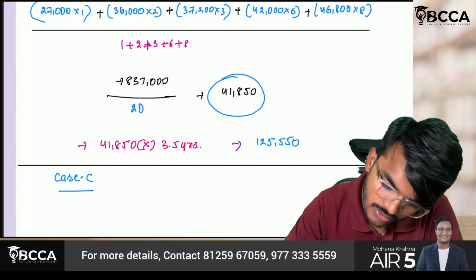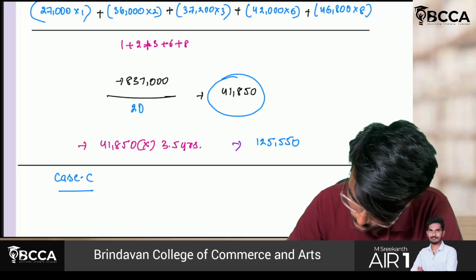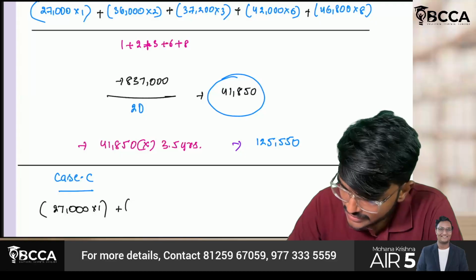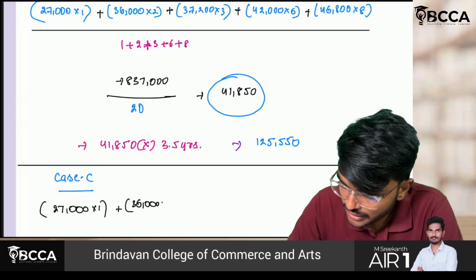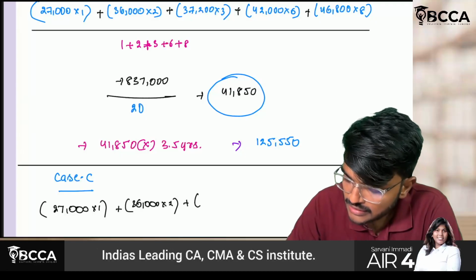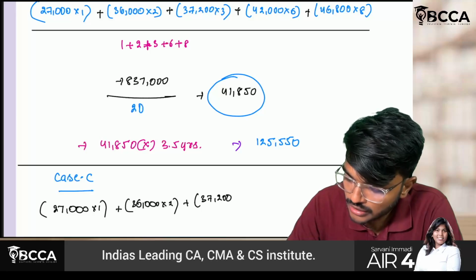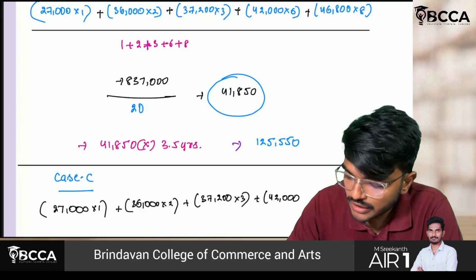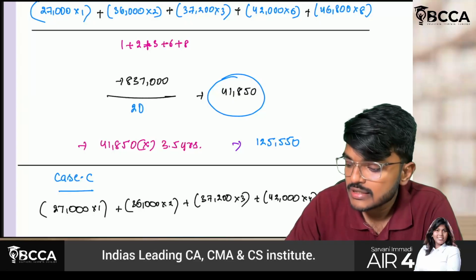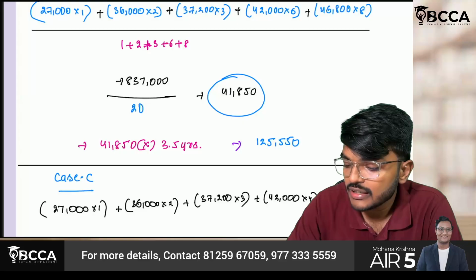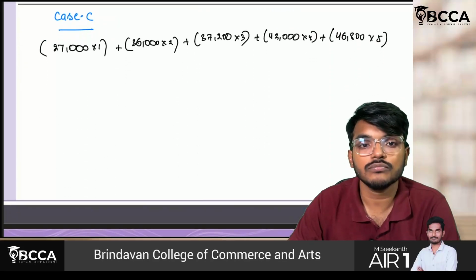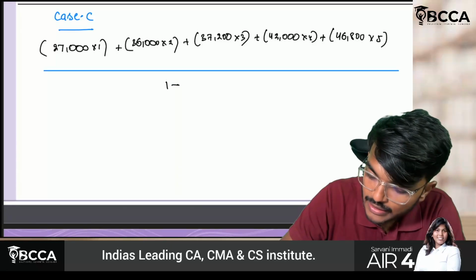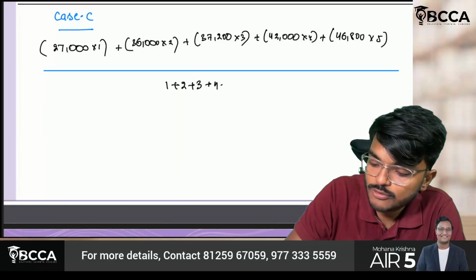Yes sir. So I will be copying these figures. 27,000 into 1 plus 36,000 into 2 plus 37,200 into 3 plus 42,000 into 4 plus 46,800 into 5, divided by 1 plus 2 plus 3 plus 4 plus 5.